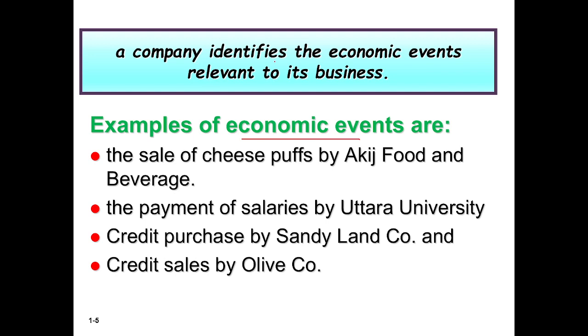Here are 2 points. A company identifies the economic events relevant to the business. For example, sales of cheese puffs by Akis Food and Beverage. This is sales, which we call sales revenue. This is related to an amount, taka or dollar, so it is an economic event. Number two, payment of salaries by Uttara University to its employees.